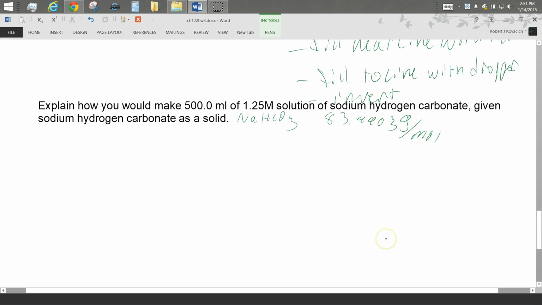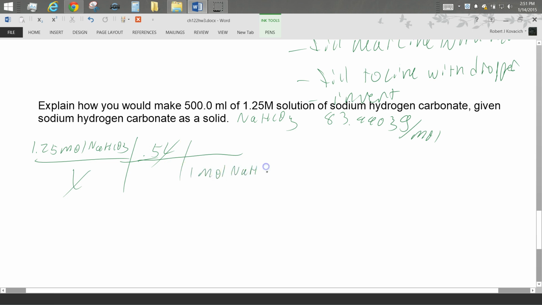So what I'm going to do with this is determine how much of the stuff I'm going to need solid-wise. And so I'm going to do that by putting 1.25 moles NaHCO3 divided by liters. And then I'm going to put 0.5 liters here to cancel the liter out. And then I'll put 1 mole NaHCO3.